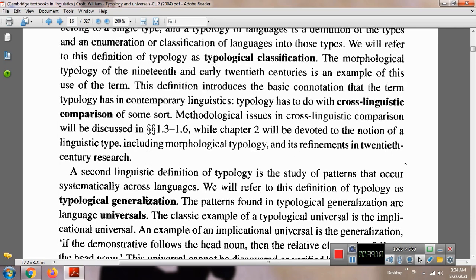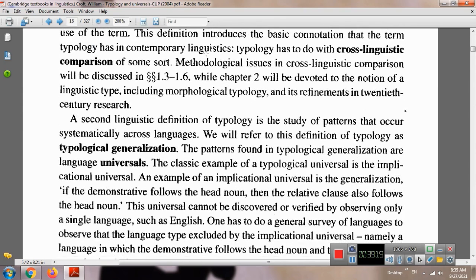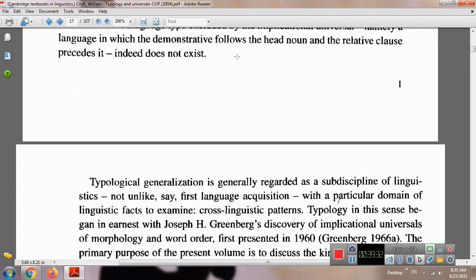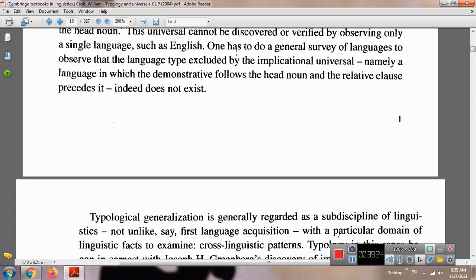Typological generalization: you should know about the universal, the definition of typological generalization, and the implicational universal. You should know that it was Greenberg who for the first time defined the implicational universal, most of which were about morphology or word order. Here we had one example of that. Maybe I will give you this example in the final exam and ask you about the type of this typology, which is implicational universal.